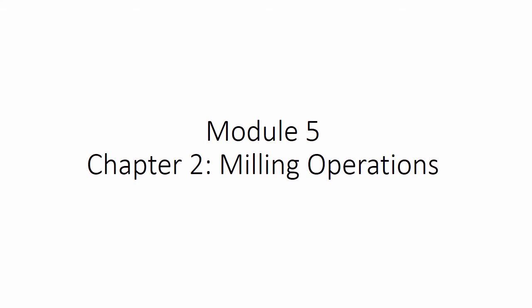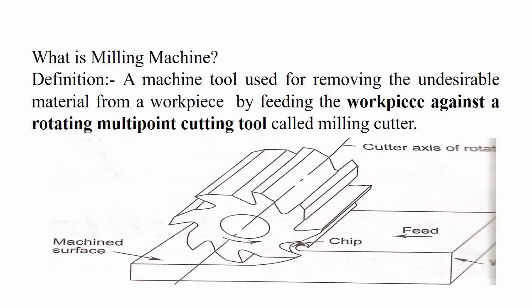One among such kinds of operation is the milling operation. So let us look into what is milling operation. Milling operation is defined as a machine tool used for removing the undesired material from the workpiece by feeding the workpiece against a rotating multi-point cutting tool, called a milling cutter.